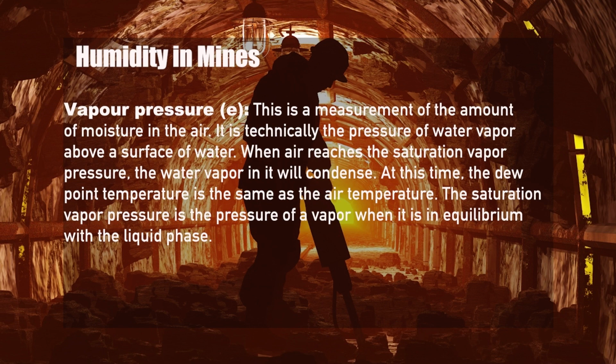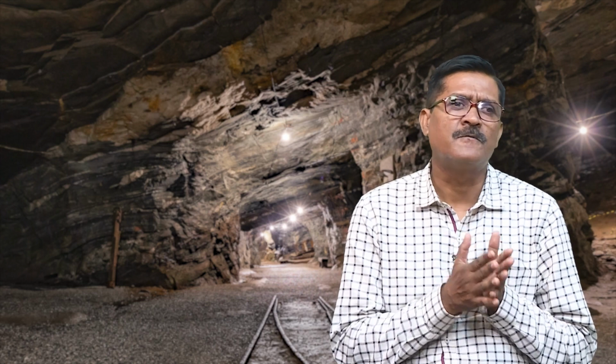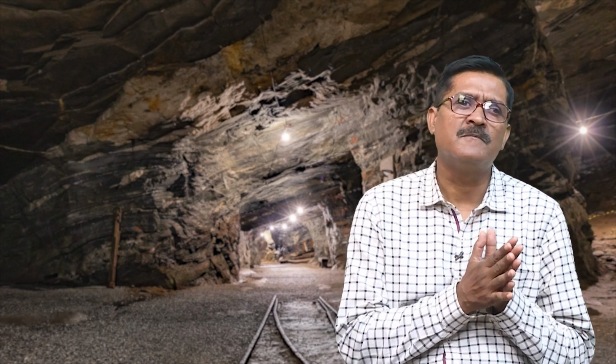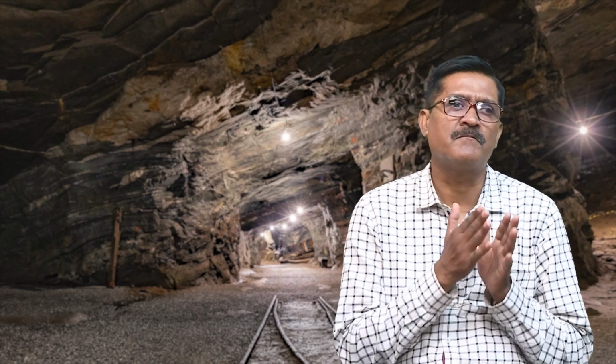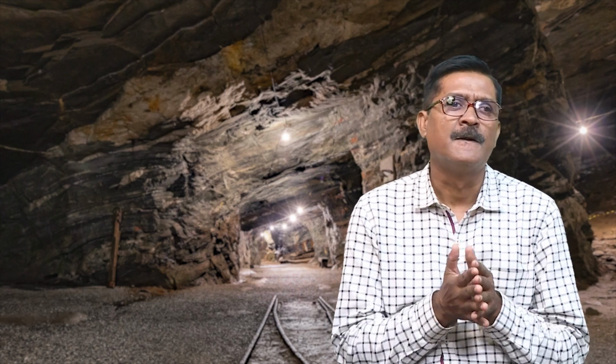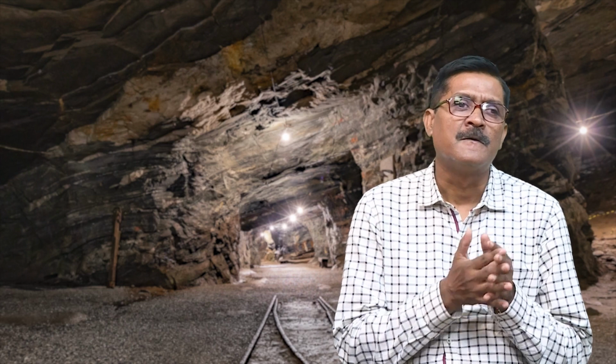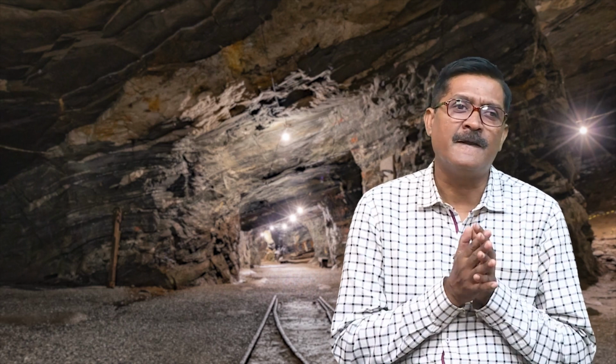At this time, the dew point temperature is the same as the air temperature. The saturation vapor pressure is the pressure of vapor when it is in equilibrium with the liquid phase. The vapor pressure is of two types. One is vapor pressure of unsaturated air, that is the actual pressure of vapor. It is the partial pressure of vapor present in air.